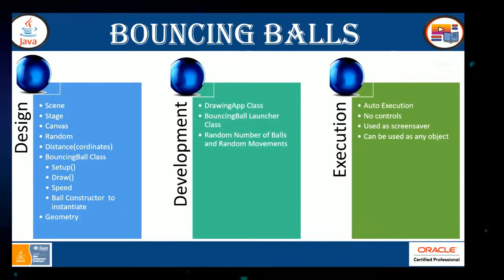Now in the bouncing ball class, we have some methods which we are going to use for setup, drawing and the speed. All these things can be manipulated in the code. Since it is a kind of animated, auto-executed thing which you cannot control after the execution, this particular object can be used in many ways, such as a screensaver.